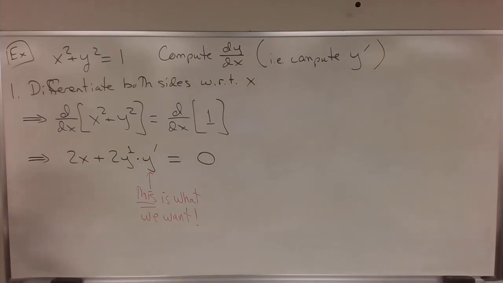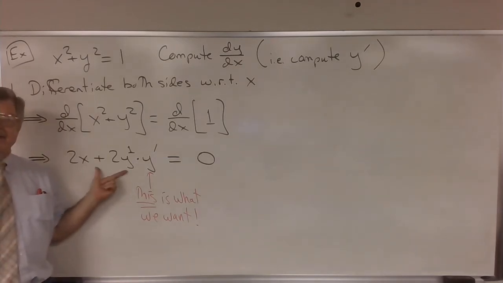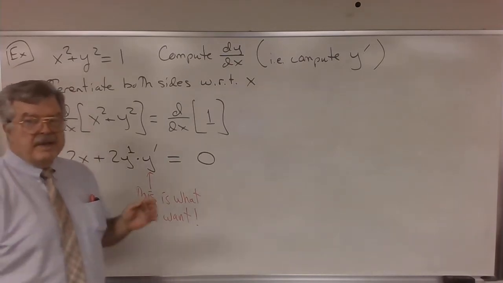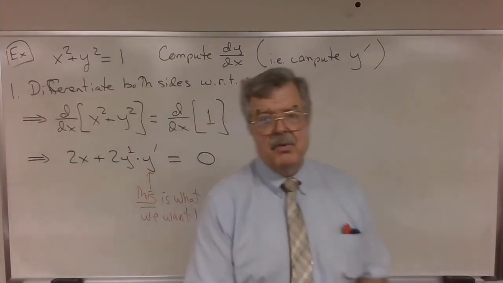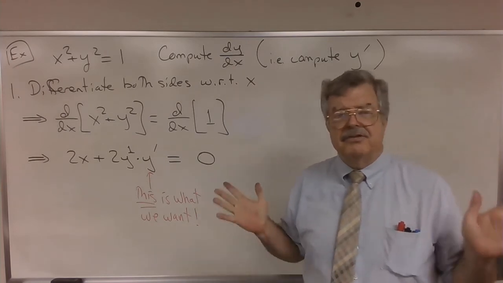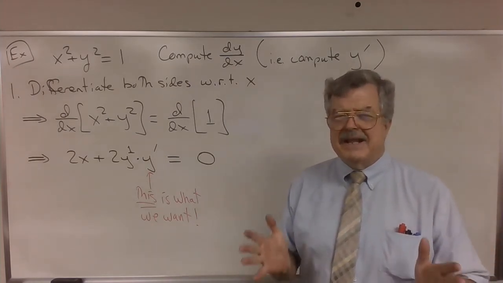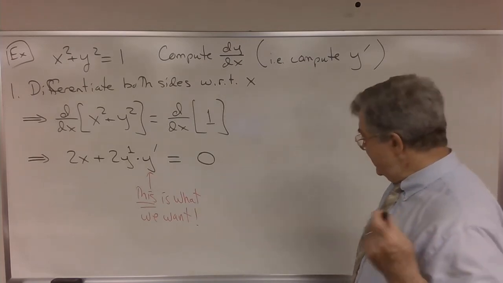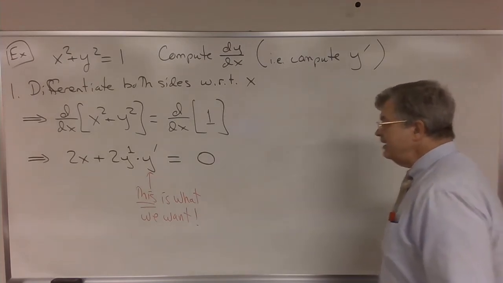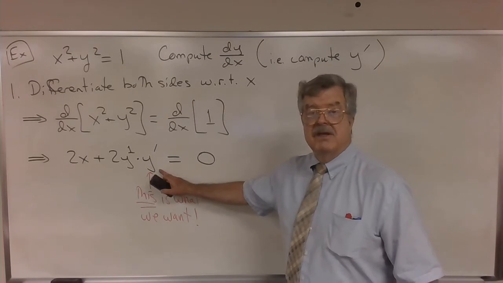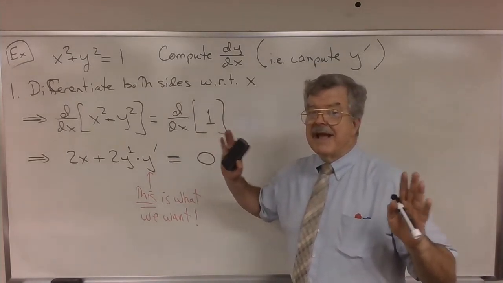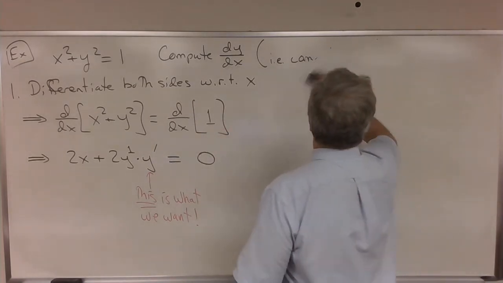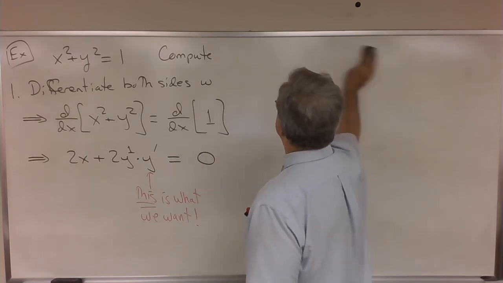And you know what? We have it in an equation. All we have to do is solve for y prime, just like we'd solve for any other variable. That's all we have to do. It's right here in an equation. We just solve for it algebraically. So I guess that's going to be our second step.